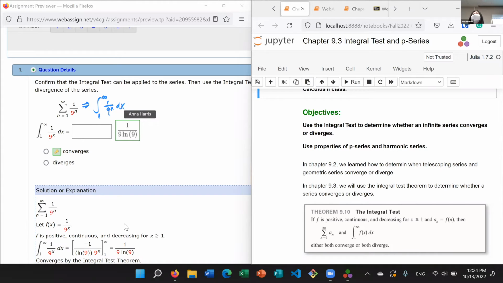How do you find the integration of a number? Do you remember the 20 of them? Look at the 20 that I gave you. Look at the integration of a number. If you want to recognize it, you can rewrite this problem as 1/9 to the what? You can do negative x.